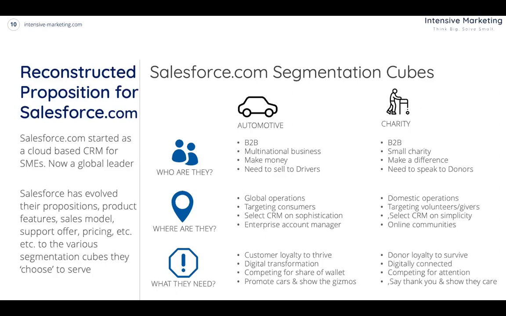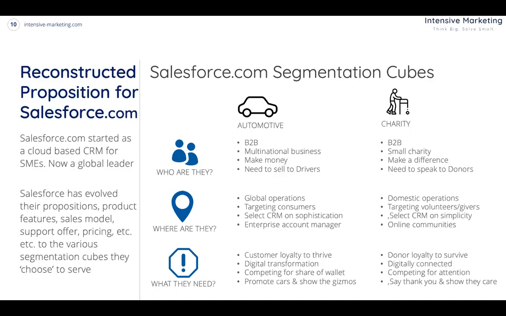As you can see, automotive are competing for share of wallet, whereas charities are competing for attention. And fundamentally, automotive companies are promoting their cars and showing off the gizmos, whereas charities are saying thank you and showing that they care. So that's maybe how you might unpack and see two different cubes form for the same company operating in different markets.